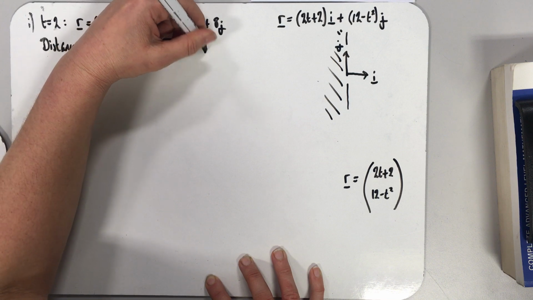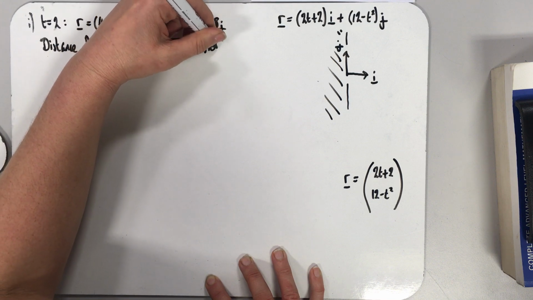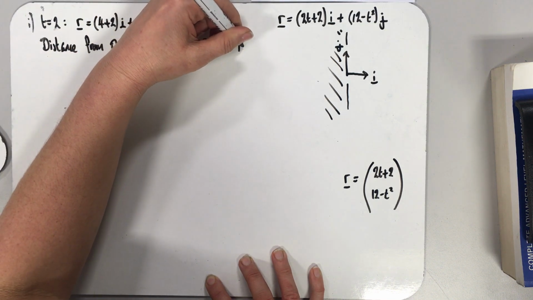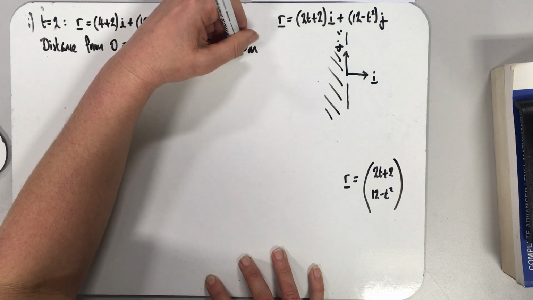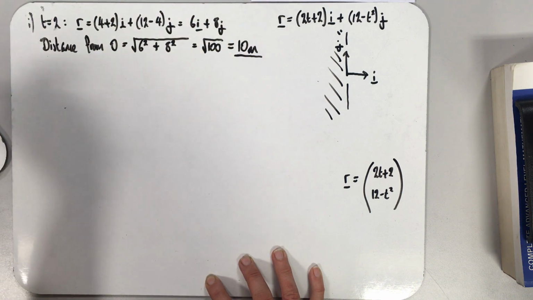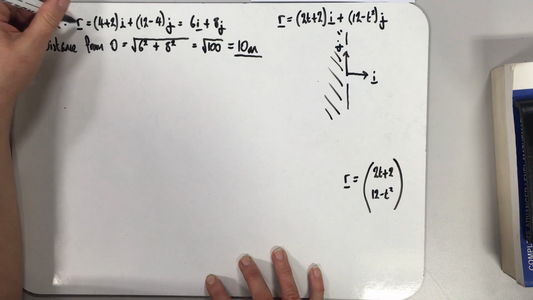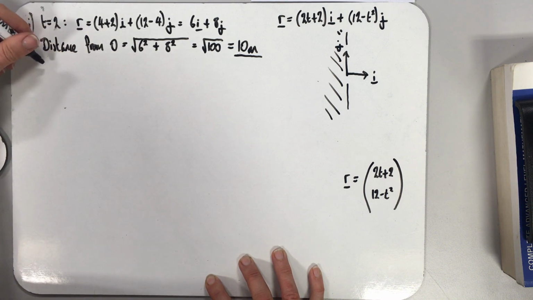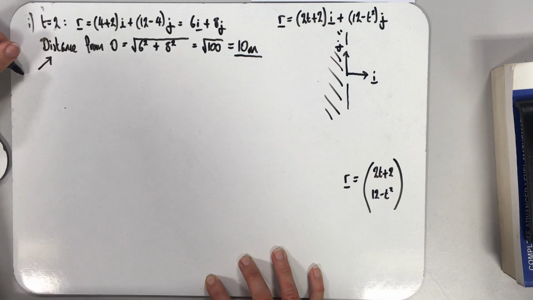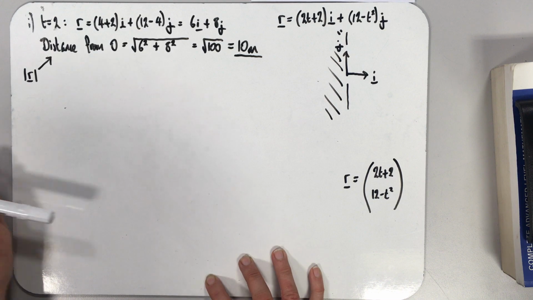So that's the square root of 100, which equals 10. There's no units in this question. I'm assuming it's meters, but we don't worry too much about units in maths. So to get from position to distance, you find the magnitude of the position vector.